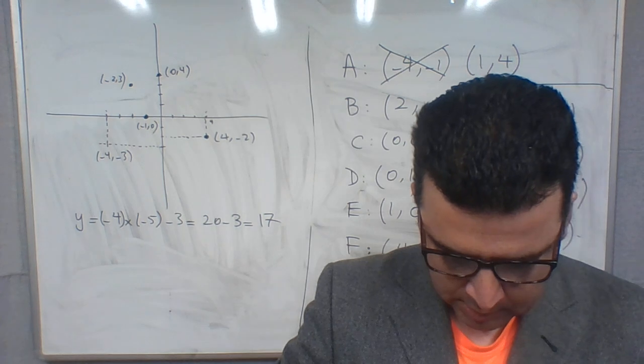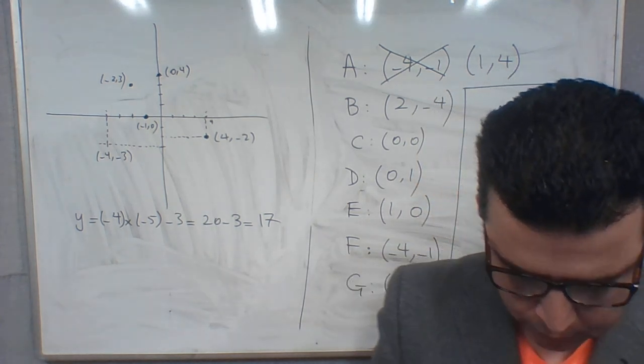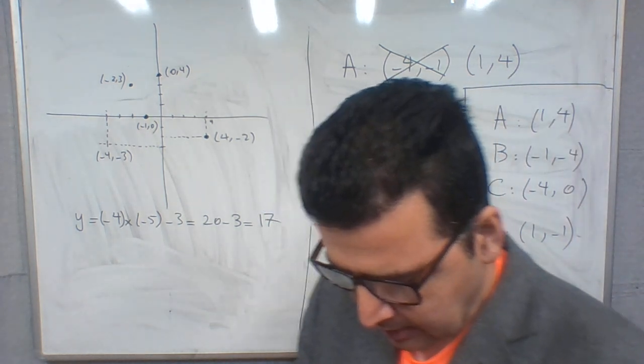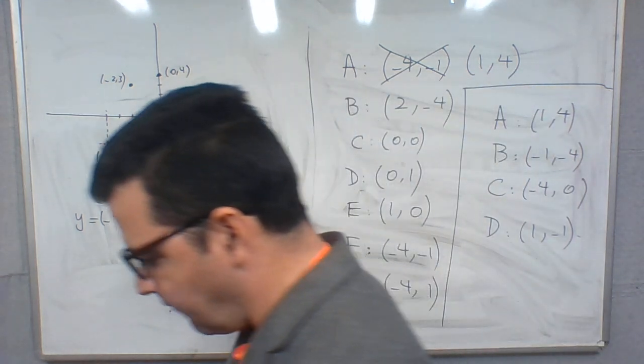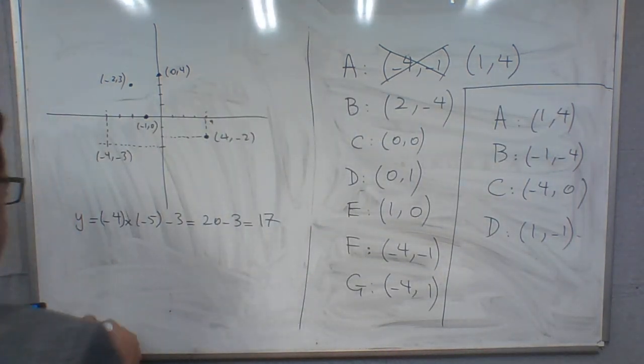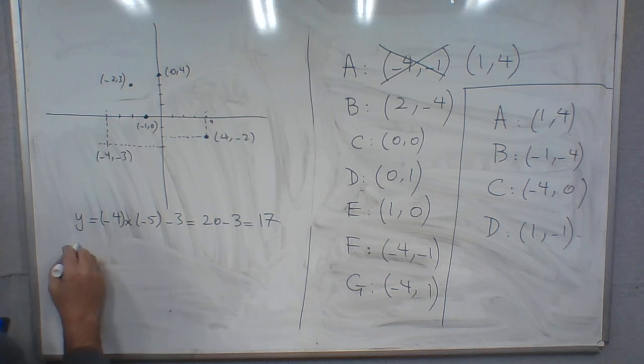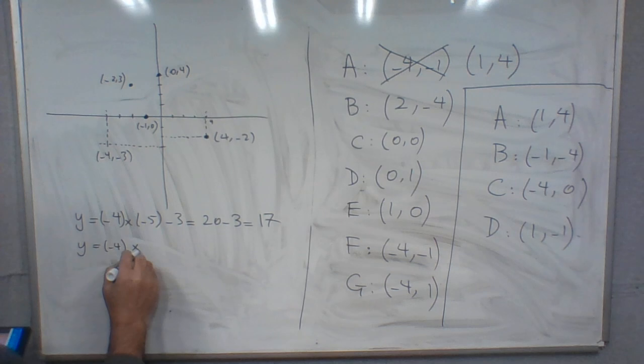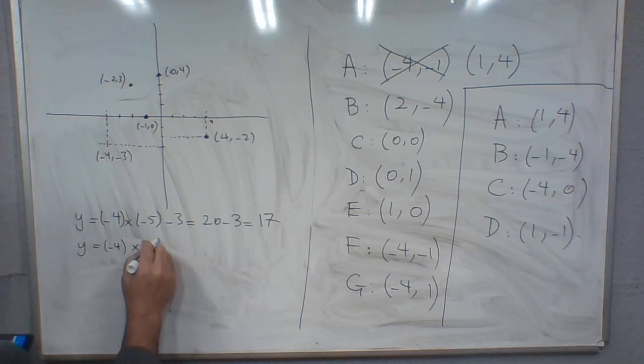Okay, this was the first row. The second one is for x equal negative 1. So we do the same calculation. y equals negative 4 times negative 1 this time, minus 3.